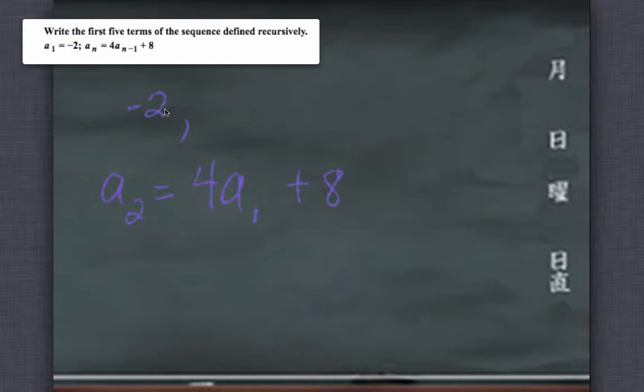So 4 times negative 2 is negative 8, plus 8 is 0. The next one we do 4 times 0 plus 8, 4 times 8 plus 8, 4 times 40 plus 8, like that.